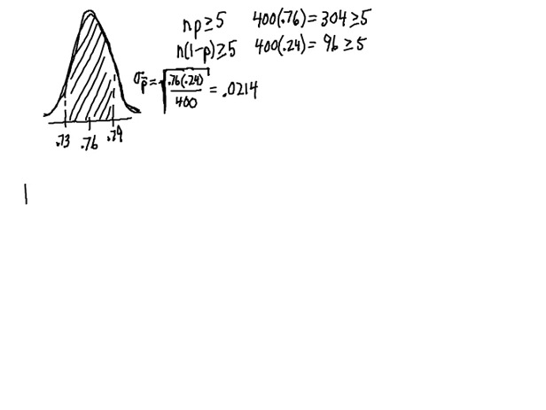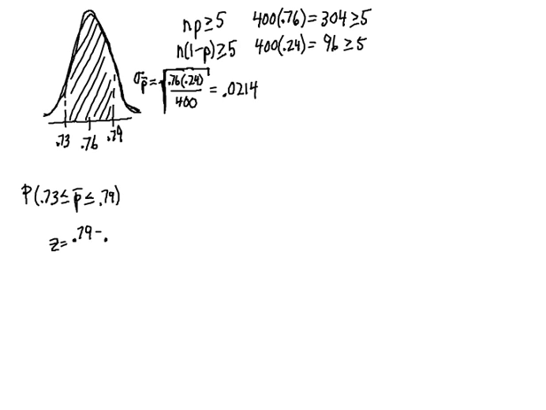I need to calculate the probability that 0.73 is less than or equal to p bar, the sample proportion, less than or equal to 0.79. And I need to calculate a z-score for the 0.79.